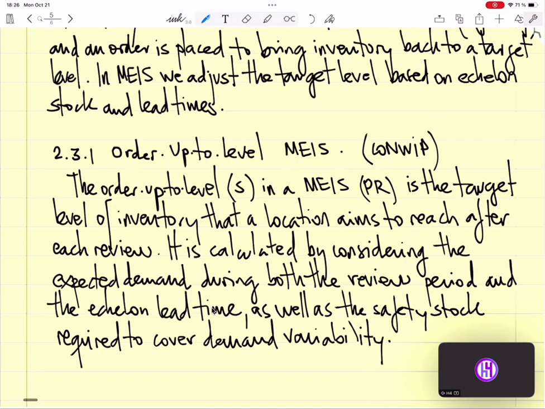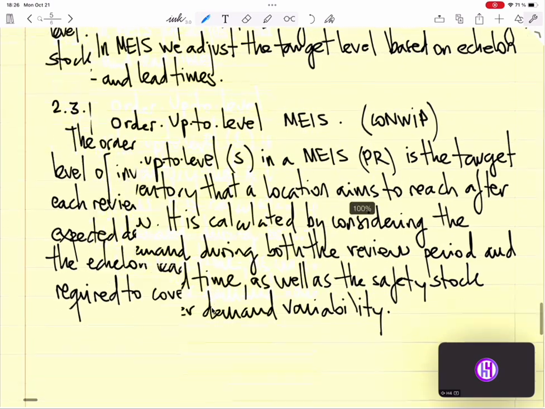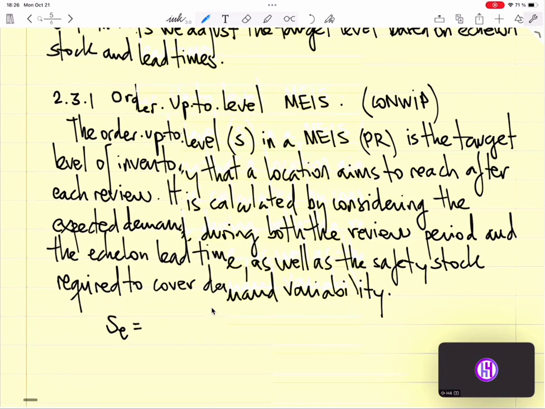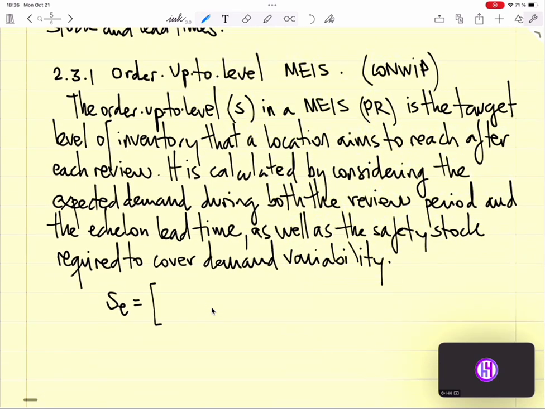So the formula for the order-up-to level in the echelon is the average demand times the review period, how often, every week, plus the echelon lead time, plus the safety stock at the echelon.